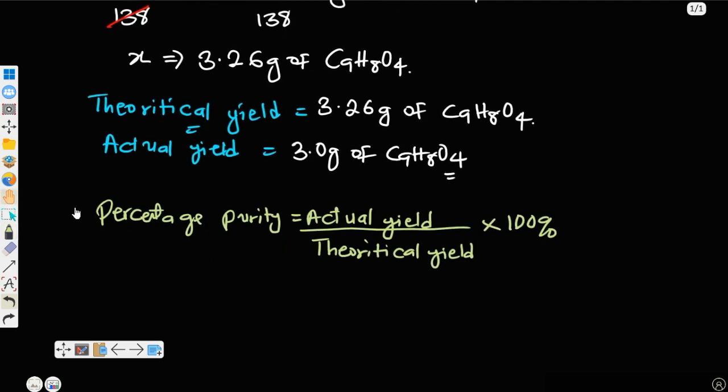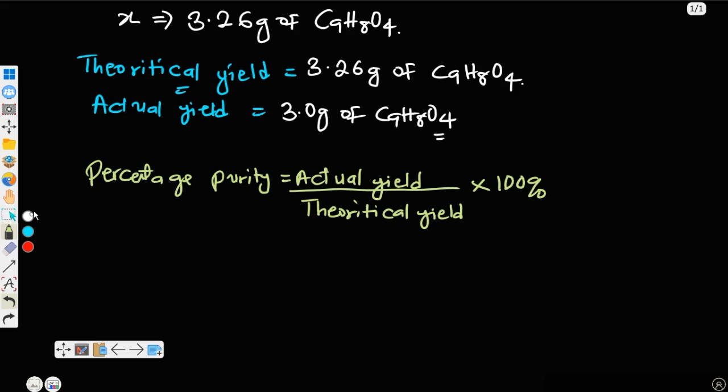Now, in this case, our actual yield is what? 3.0. Theoretical yield is what? 3.26 times 100%.